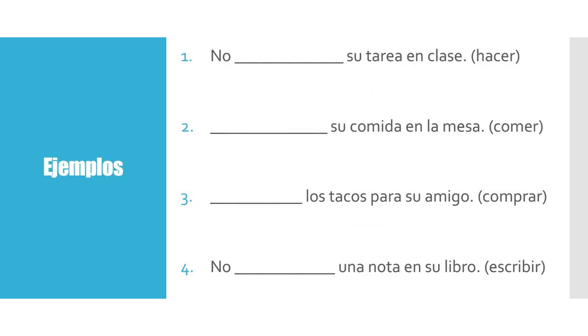All right, so on this last slide here, I just want to go through some ejemplos with you and walk you through the 3 steps that you need to use in order to change verbs into commands. All right, so the first one here, no hacer su tarea en clase. Now, first I want to point out that your subject for all of these is the implied you.